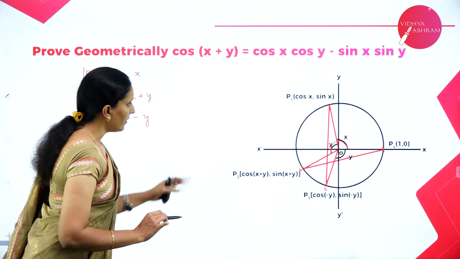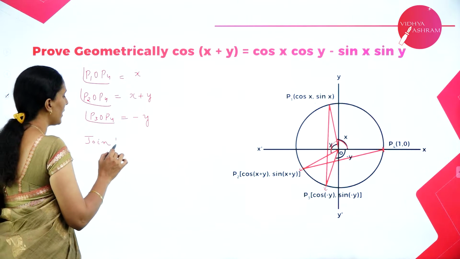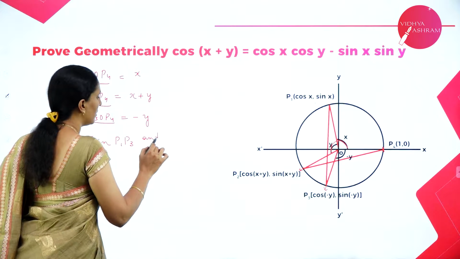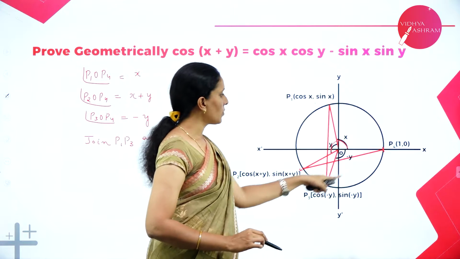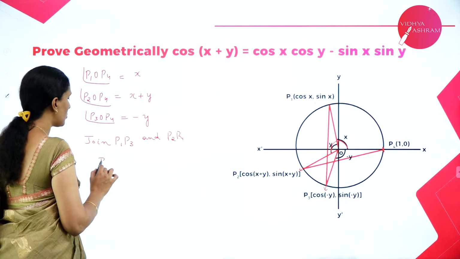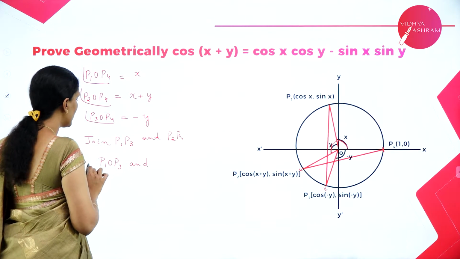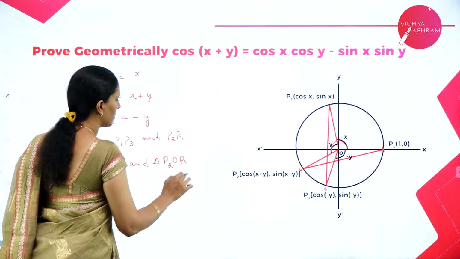Now from the diagram, the next thing you need to see here, join P1 and P3 and P2, P4. So when you join these two sides, you will get two triangles there. The first triangle is P1OP3 and the second triangle is P2OP4.